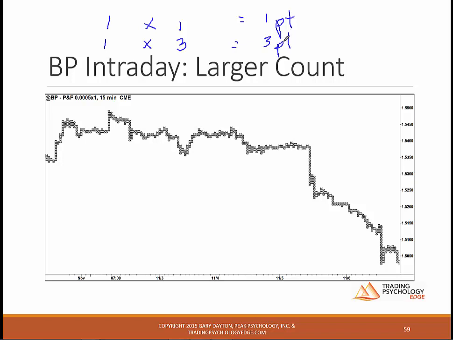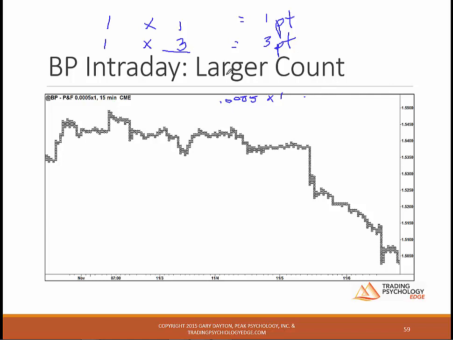Okay. So here we're using a 5 pip, which is 0.0005 by 1. So that's a 1-point or a 5 pip point and figure chart. We want to get to a 3-point figure chart.